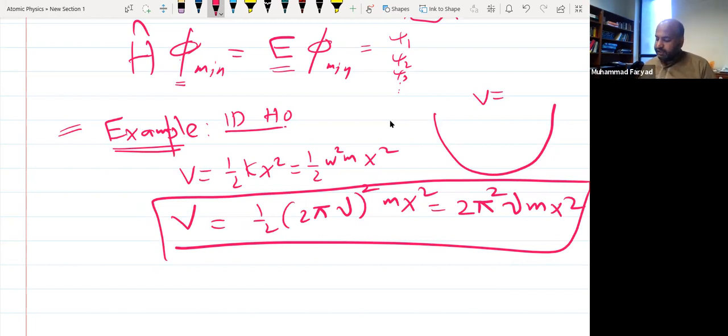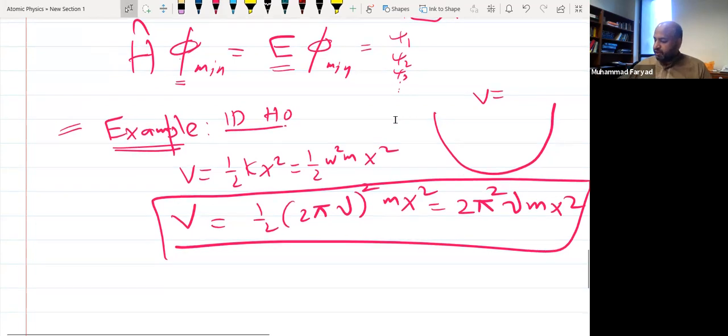And suppose that instead of solving the Schrodinger equation and finding the ground state from there, which we already actually know because this problem can be solved analytically anyway, just to show how the method works, we are going to use this method to find the ground state energy and the ground state wave function of the one-dimensional harmonic oscillator.